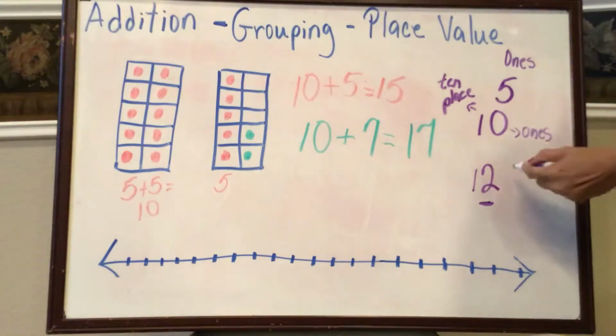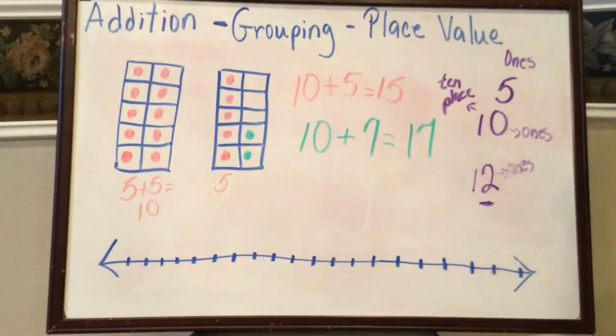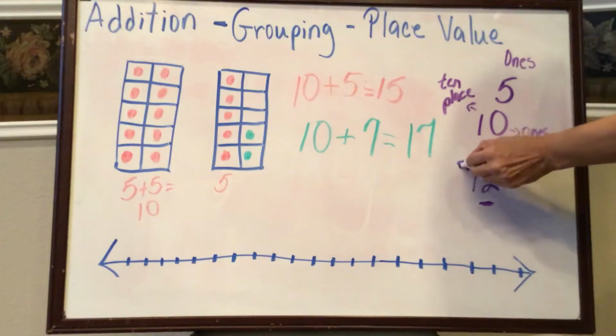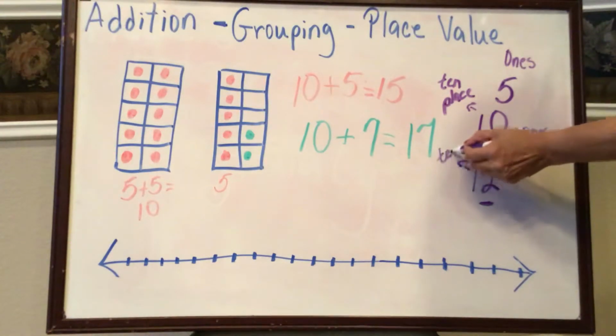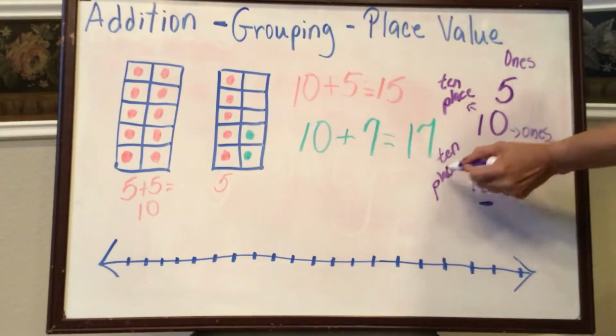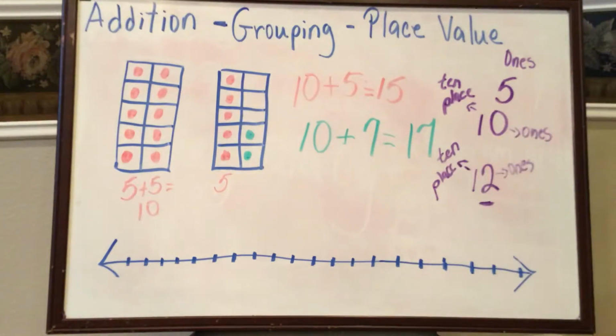Exactly, it's in the ones. And number 1 is in what? It's in the tens place value. Tens place, exactly.